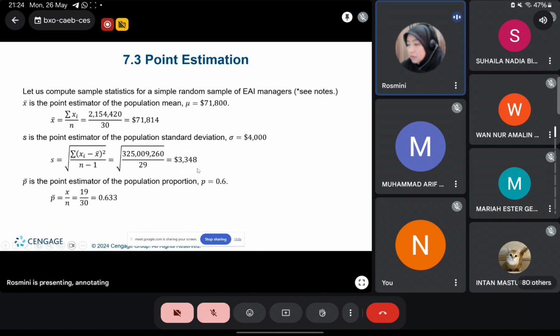So what you will get is 3,348. The sigma, or standard deviation, for the population is 4,000, but the standard deviation for the sample is 3,348. And finally, we have the probability. Probability of what? Probability for the managers that have gone through training.